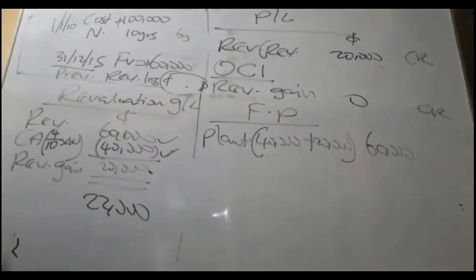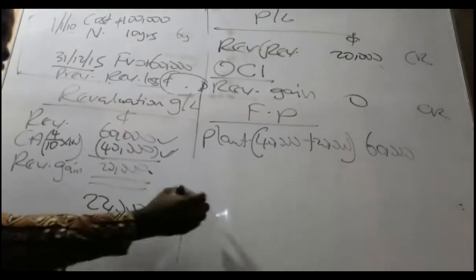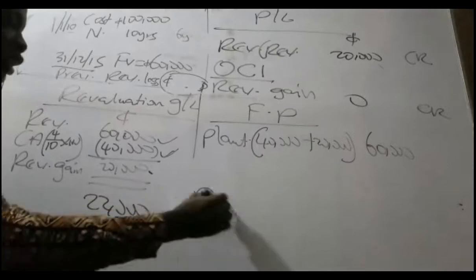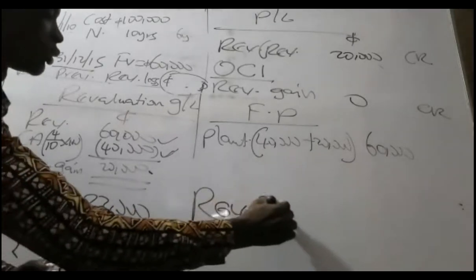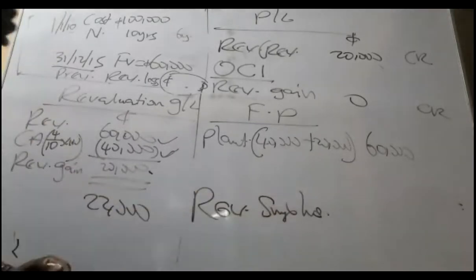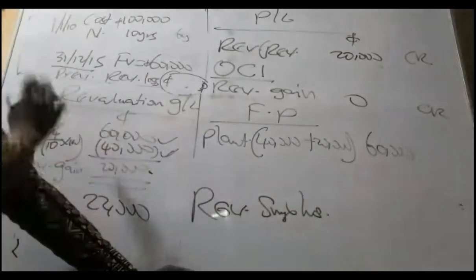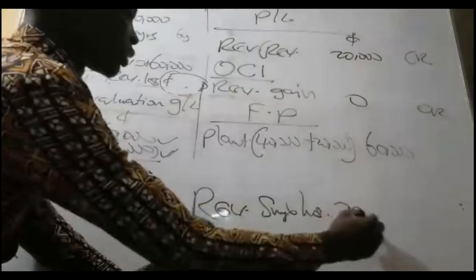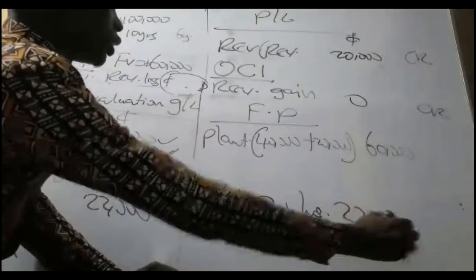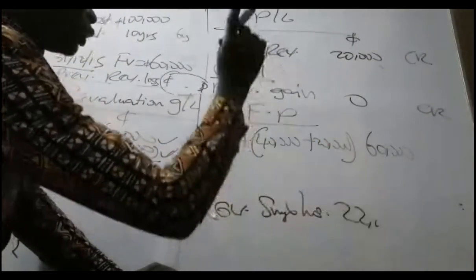Then the 2,000 must be carried forward to the next period. So the 2,000 will be among the revaluation surplus. They have only one asset, and it's 22,000.